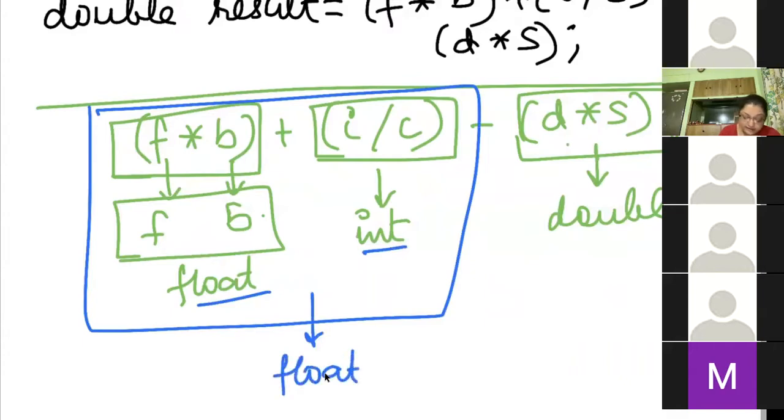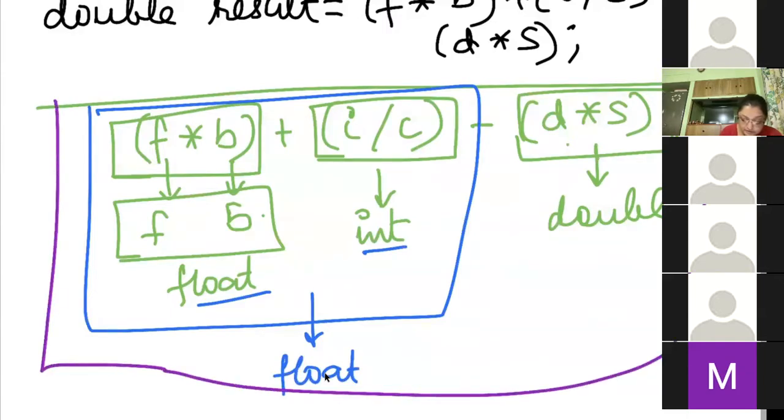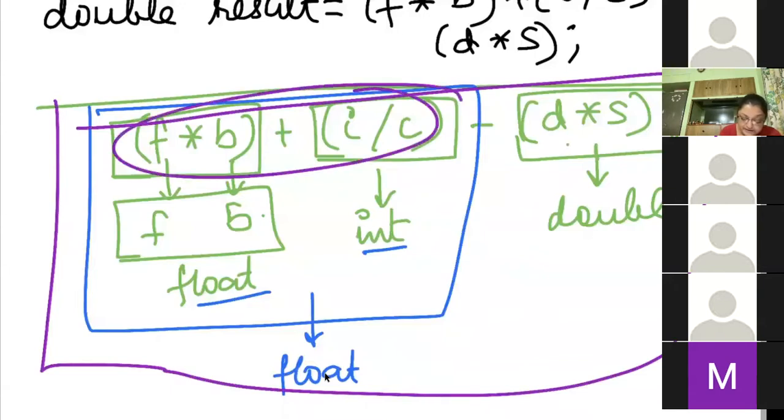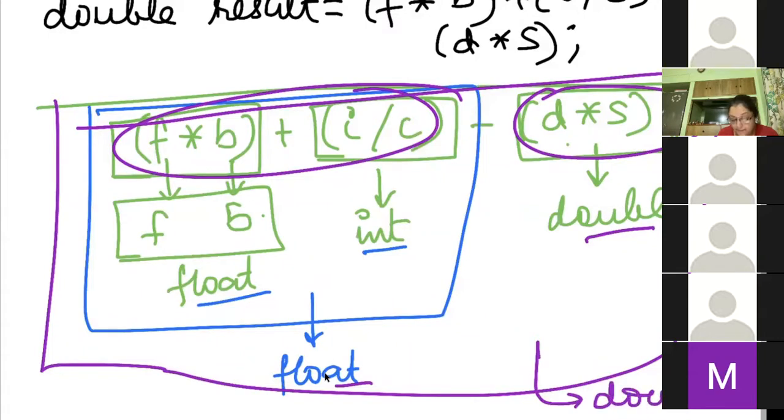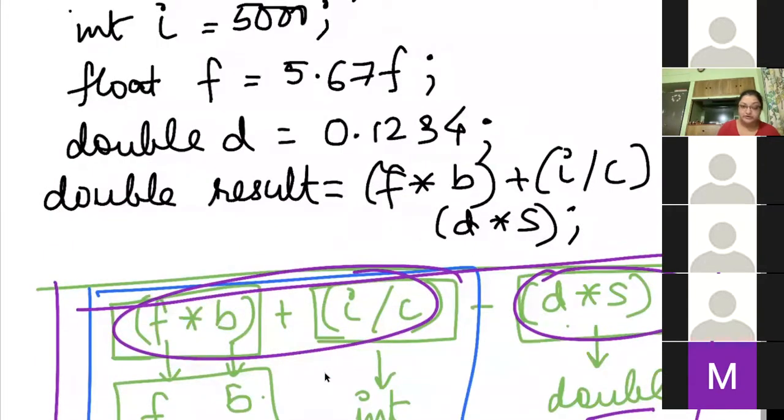Then I will evaluate the last part, this part minus this part. I have float and double, so the result would be of type double. All right, you can put in the values and see how it works out.